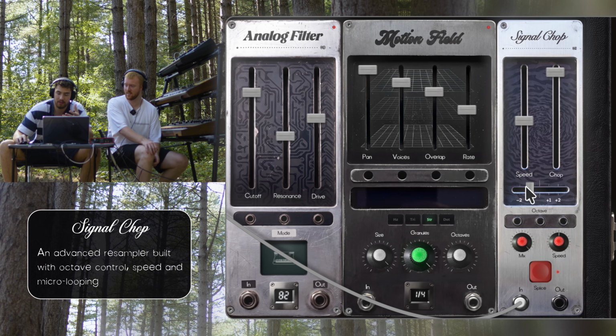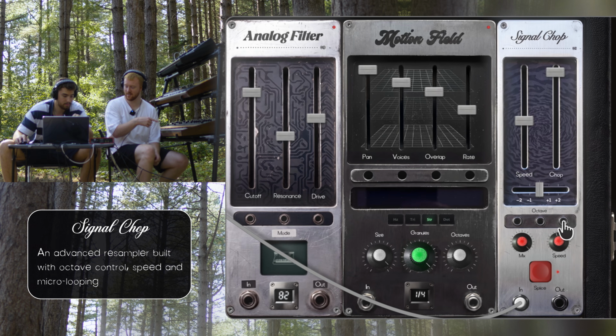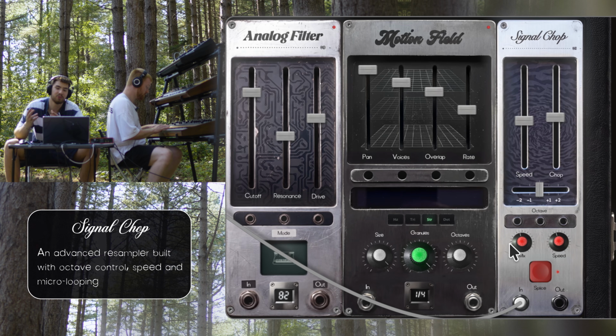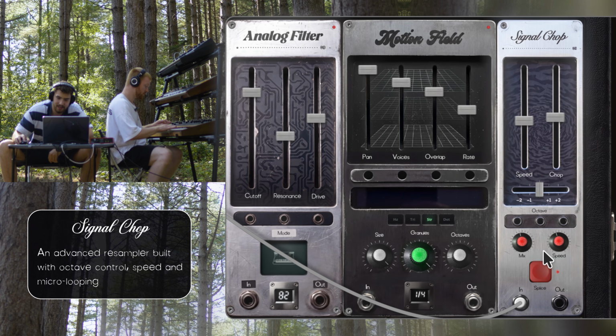Maybe bring it down if I want. Bring it up. I can adjust the speed of it, so I can speed up. I can slow it down. And then you can also mix it back in with the live signal as well. As soon as I bring this mix knob down, I can then hear my loop, and I can also hear him playing on top of it.